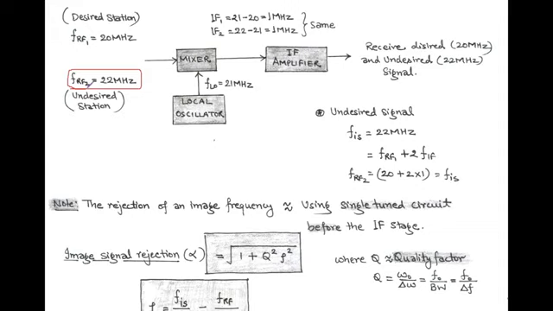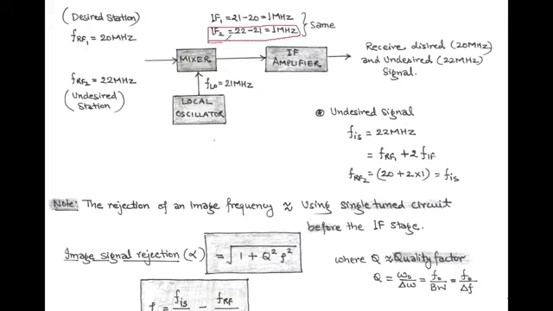So, in the first stage, the intermediate frequency equals the local oscillator frequency, that is 21 MHz, minus the radio frequency, that is 20 MHz, and it equals 1 MHz. And for the second situation, that is for the undesired station, the intermediate frequency is also 1 MHz.